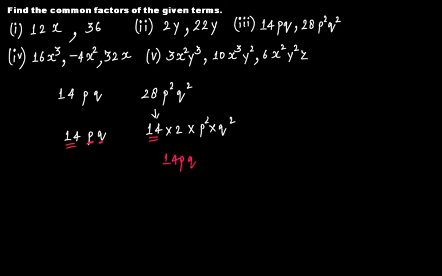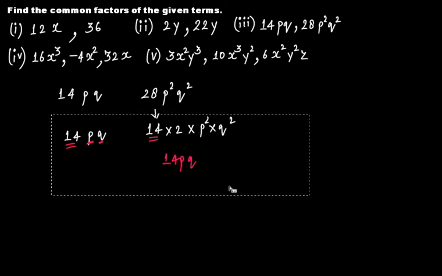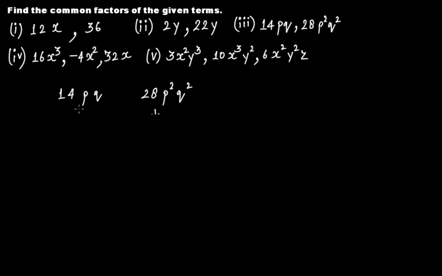But if you're not able to calculate this quickly, then the best way is to break this down into its irreducible factor form. 14pq is 2 multiplied by 7, the prime factor form of 14, multiplied by p multiplied by q.